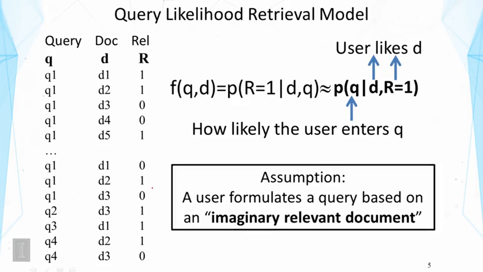So note that here we have made an interesting assumption. Basically, we're going to assume that whether the user types in this query has something to do with whether the user likes the document. In other words, we actually make the following assumption: a user formulates a query based on an imaginary relevant document. Well, if you just look at this as a conditional probability, it's not obvious we are making this assumption.